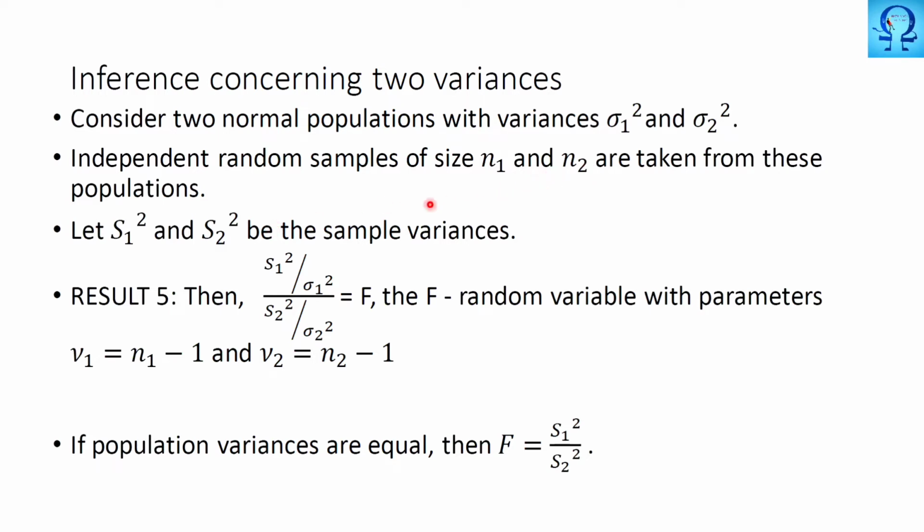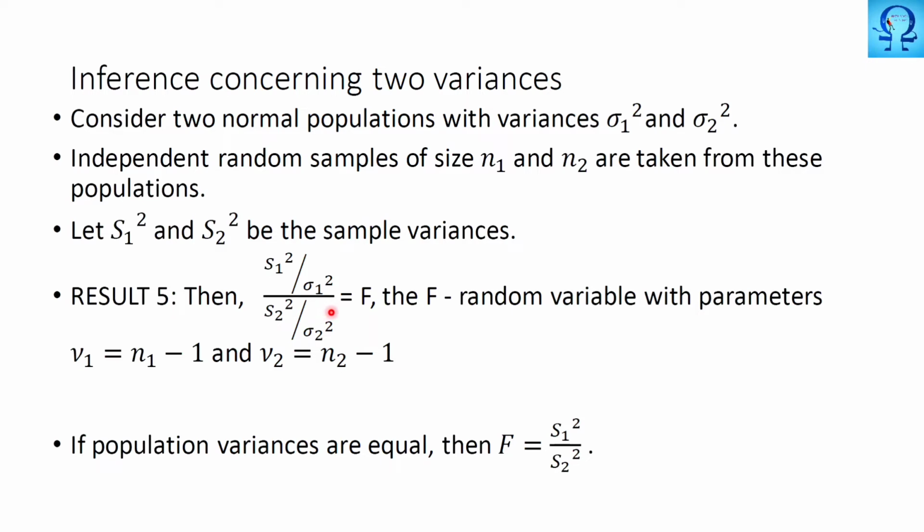From the samples that we have taken, we can calculate the sample variances. Now the result is that (s1 square upon sigma 1 square) whole upon (s2 square upon sigma 2 square) is what we define as the F statistic. This is an F random variable with parameters nu1 and nu2, which are one less than the sample sizes.